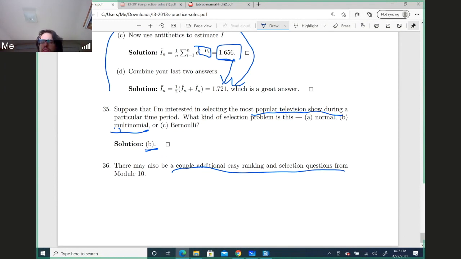Usually the questions will have some sort of format where they'll tell you that you've done the math and you've calculated that you need to have at least 300 samples, and here's the data.